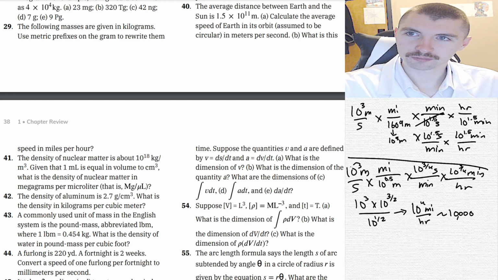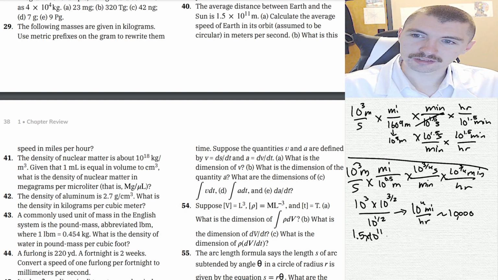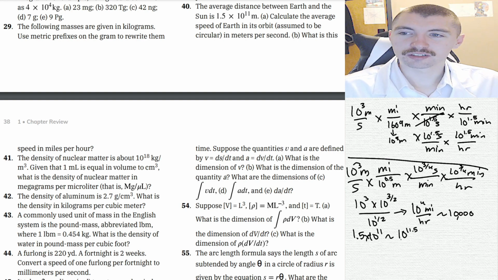Okay. 1.5 times 10 to 11. We could say that's 10 to 11. So that's 10 to 11 meters per 365 days.